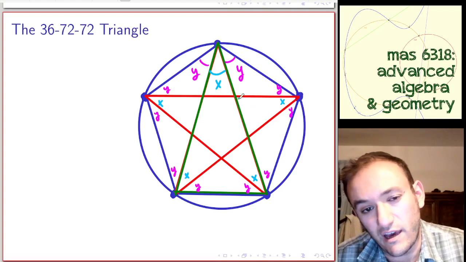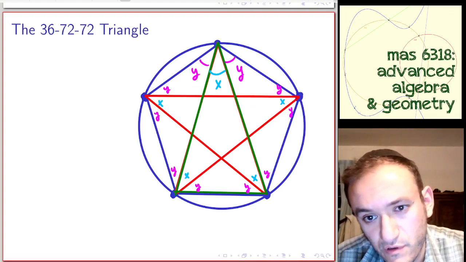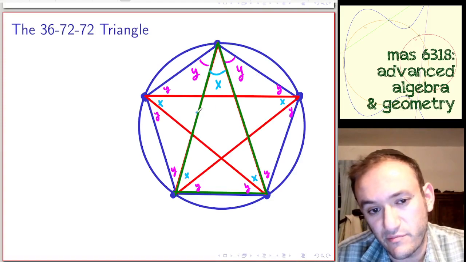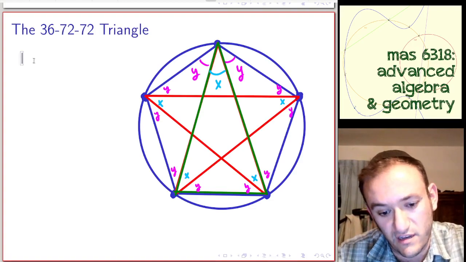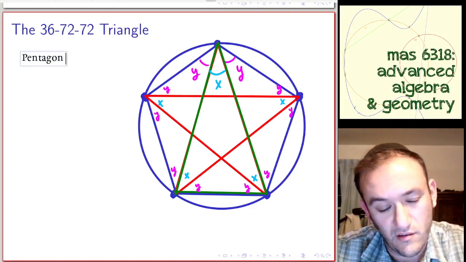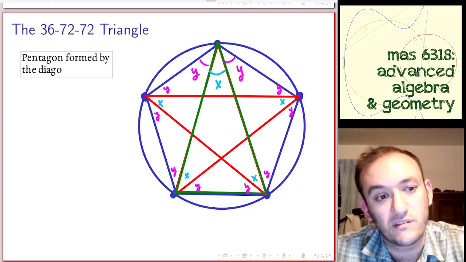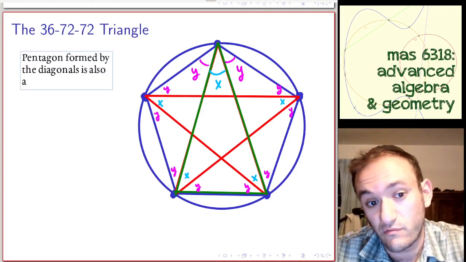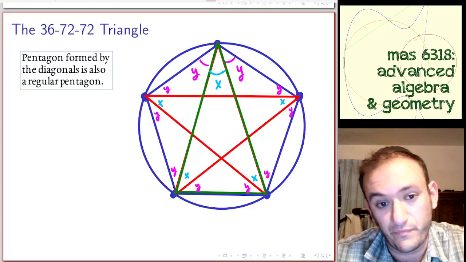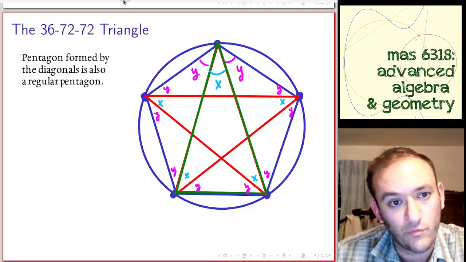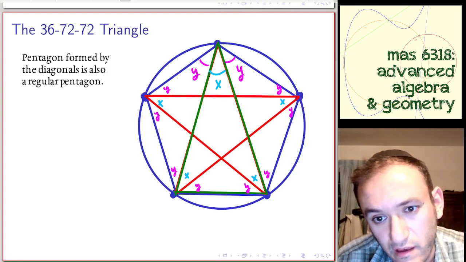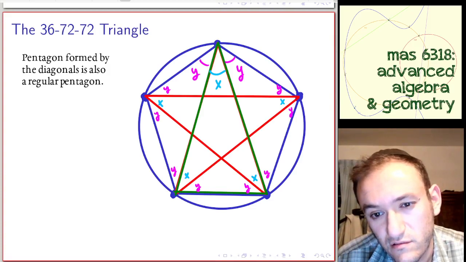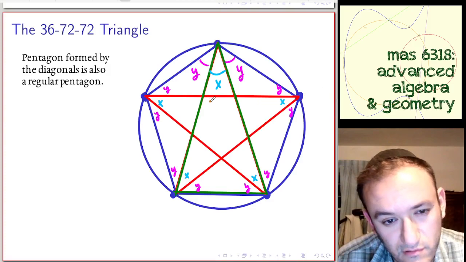But then you could use symmetry to observe that the central pentagon, the pentagon formed by the diagonals, is also a regular pentagon. And when we notice that, let's give this a new color, orange.